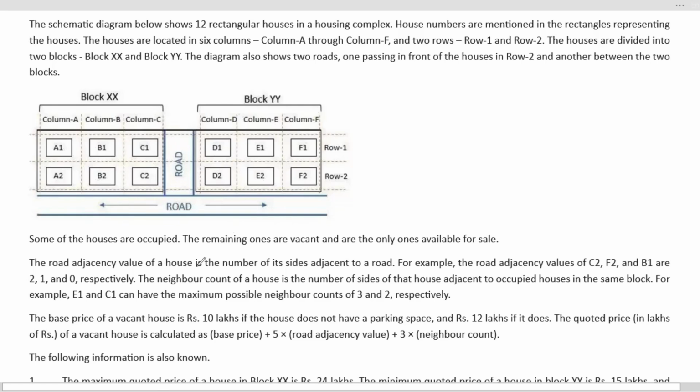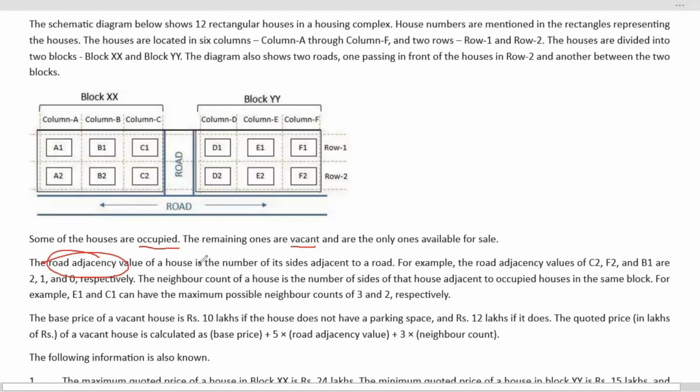Next, it has said that some of the houses are occupied and the remaining ones are vacant, and only from the vacant ones are they available for sale. There are two types of thing. One is road adjacency.